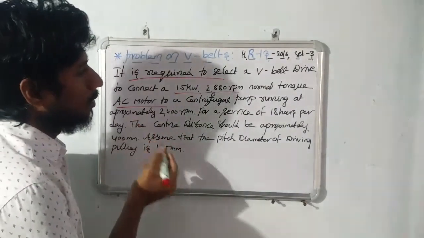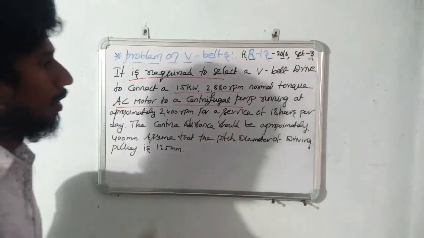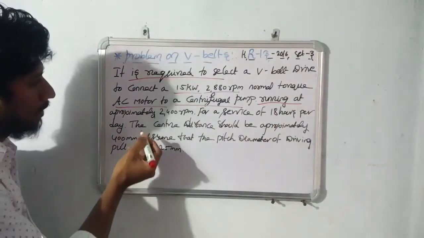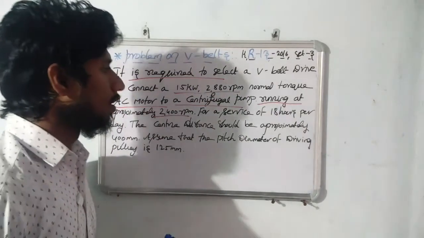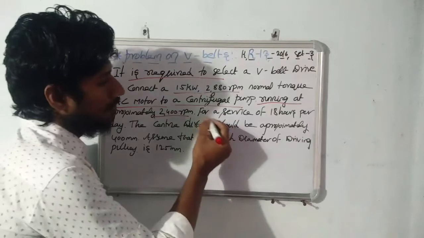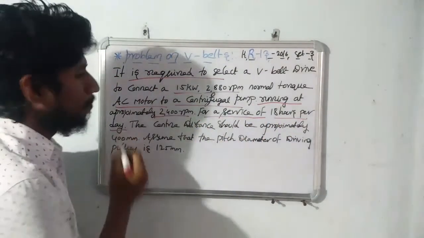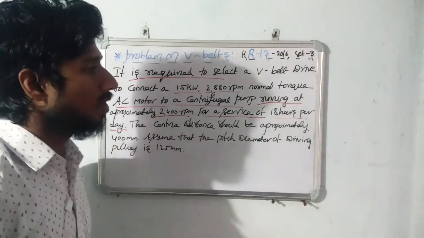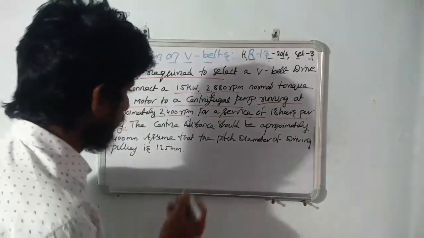That motor we are going to connect to a centrifugal pump running at approximately 2400 rpm. That is the speed of the centrifugal pump, provided for a service of 18 hours per day.